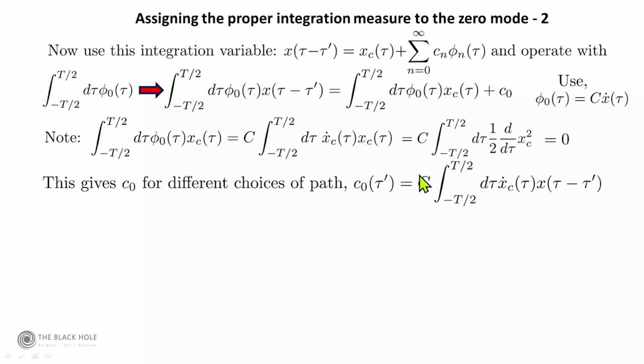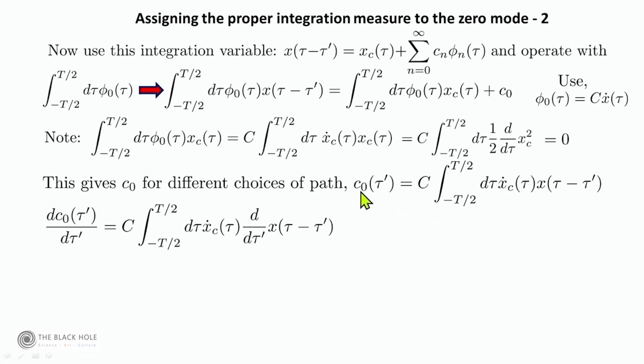Okay, so now we have this equation with this term having gone away. And so C0 of tau prime, you see, there's a dependence now on tau prime. That dependence we will get to, that dependence we will use to get our measure. So C0 of tau prime is equal to this over here.